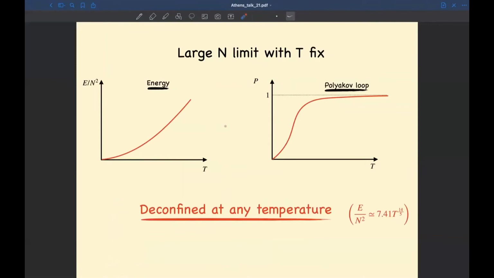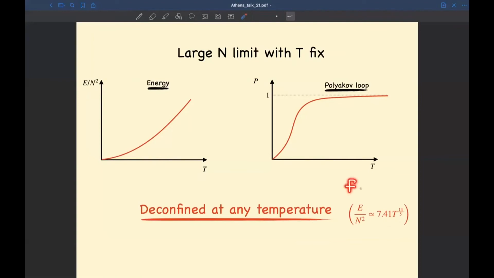So from the gravity side, we expect that the energy and the Polyakov loop are non-zero at every temperature, as it seems from here. And this means that there should be deconfinement. Along with the Polyakov loop, another parameter to distinguish this is the free energy.